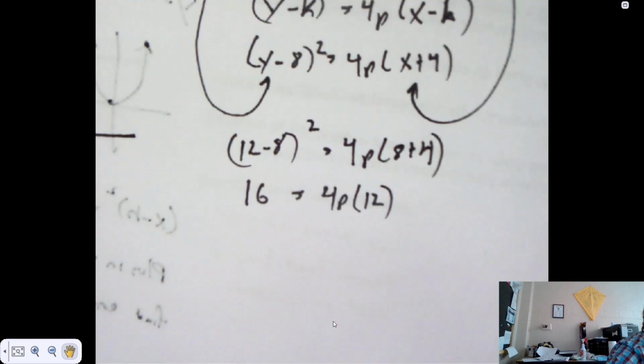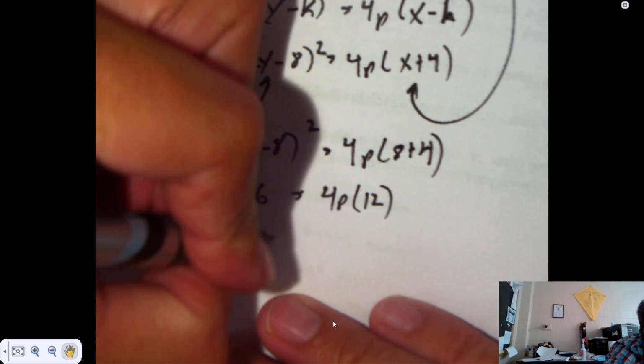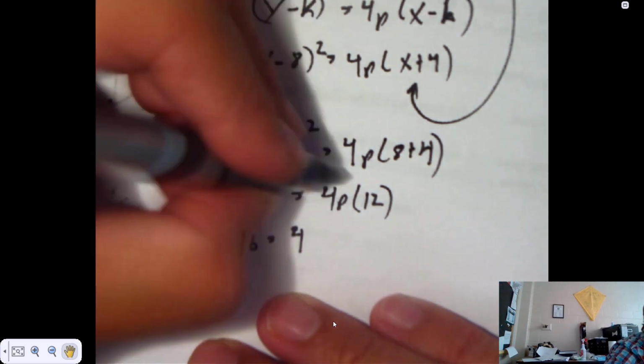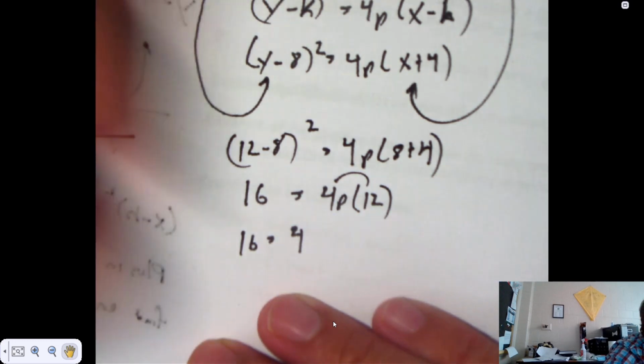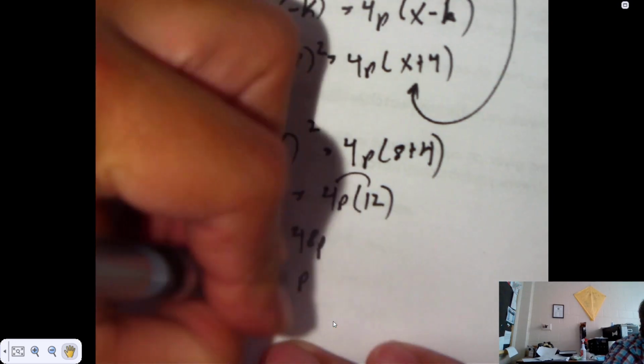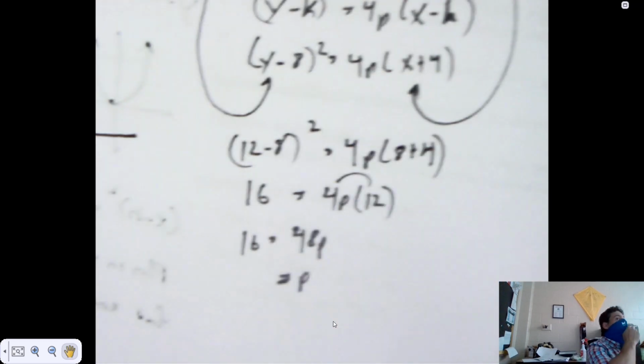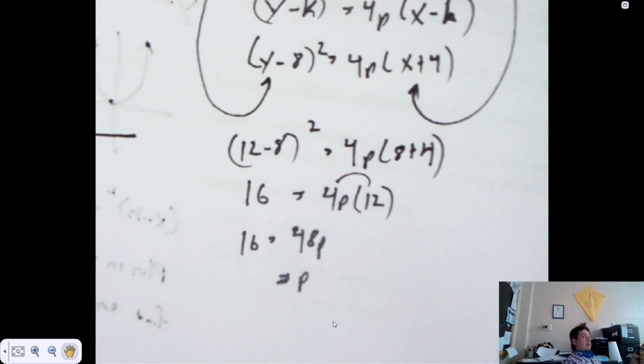So 16 is 4p times 12. Or how many p's? 48 of them. What's your p value? One-third.